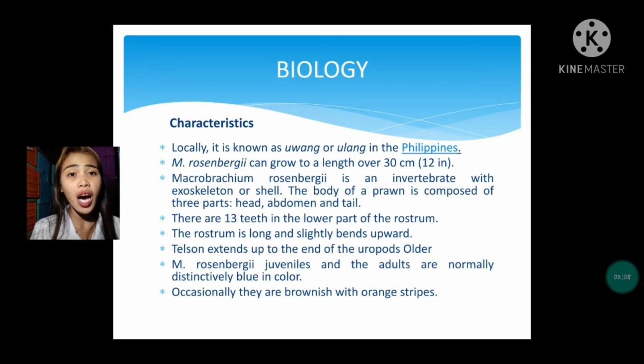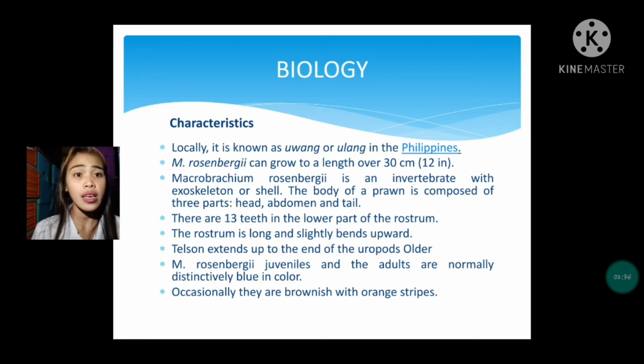The body of the prawn is composed of three parts, which are the head, abdomen, and the tail. There are 13 teeth in the lower part of the rostrum. You can see it there in the lower part, where their teeth are found.